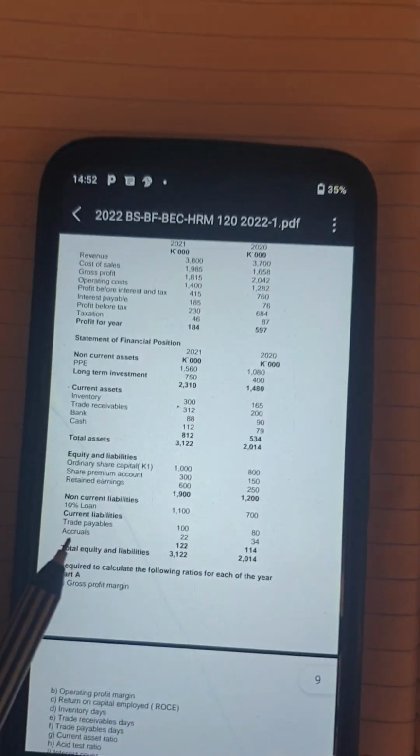Okay, so our data is in the table. Receivables were 312, so 312 divided by credit sales. We've written credit sales because that was the formula, but in our case we're going to use sales, because we don't have any information on goods or assets which were sold on credit. So we're going to use our revenue.